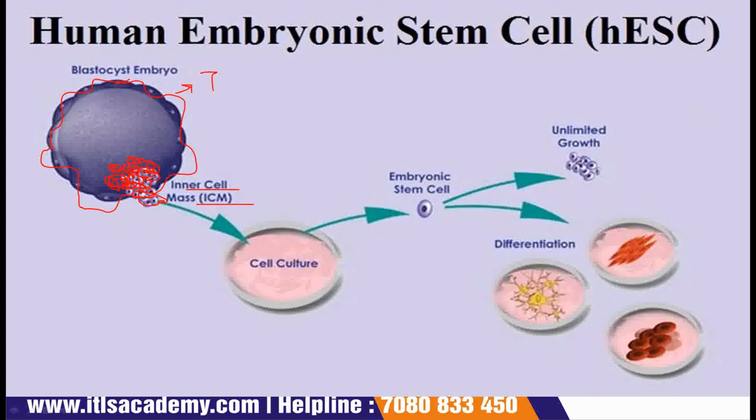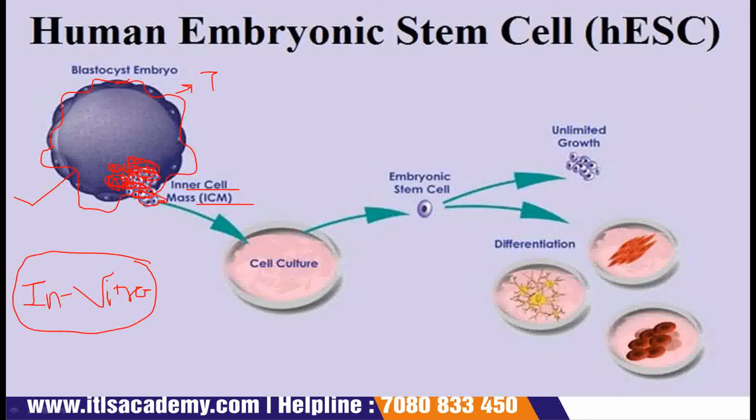This inner cell mass, as this whole process we are studying in vitro. So in vitro culture is a culture in which the conditions for growth and development are provided artificially. If we talk about the natural environment, this blastocyst gets its nourishment from the mother's womb.